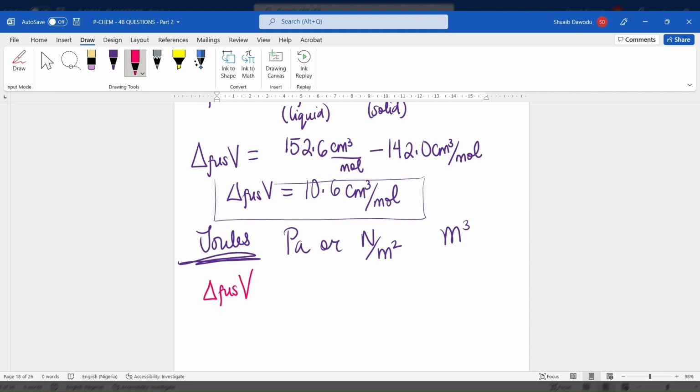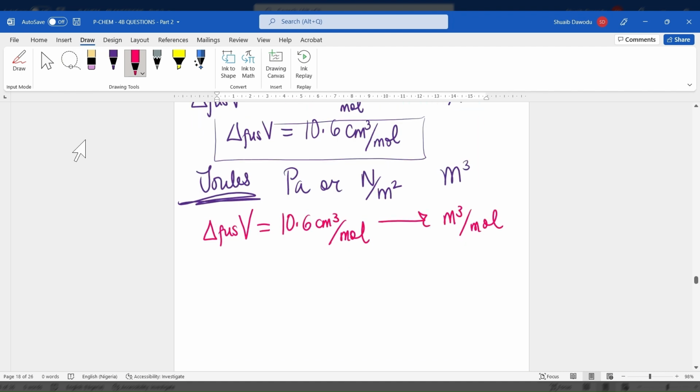So this change in molar volume of fusion of 10.6 centimeter cube per mole will need to be converted to meter cube per mole in order to substitute into the equation. We have 10.6 centimeter cube per mole, times, doing dimensional analysis, meter cube up top and centimeter cube down below.